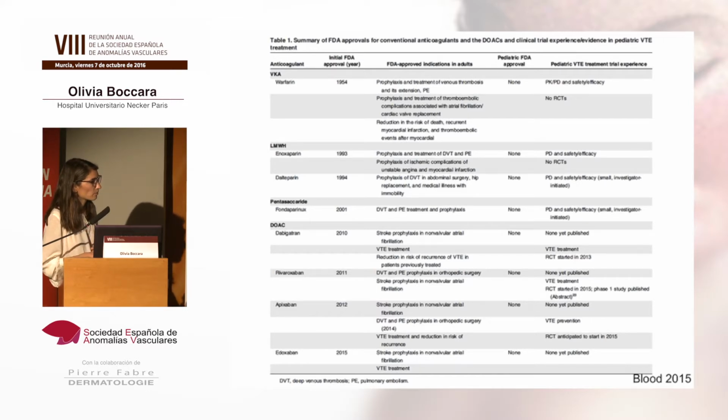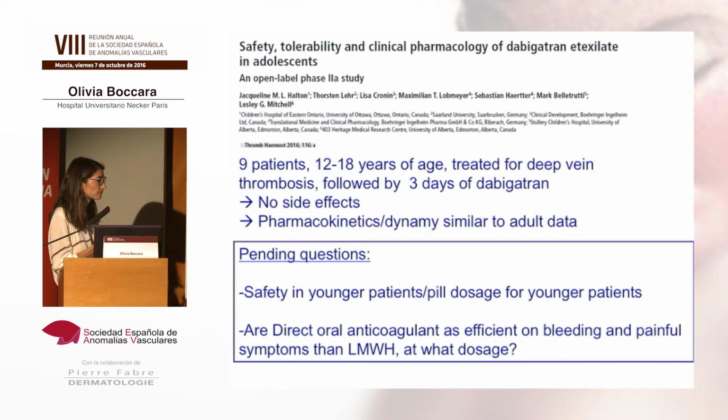There are some clinical trials that are ongoing, as Juan Carlos said, but we don't have enough data. And in France, for example, it's very difficult to use treatments without any safety data in children. Those safety data are coming slowly.